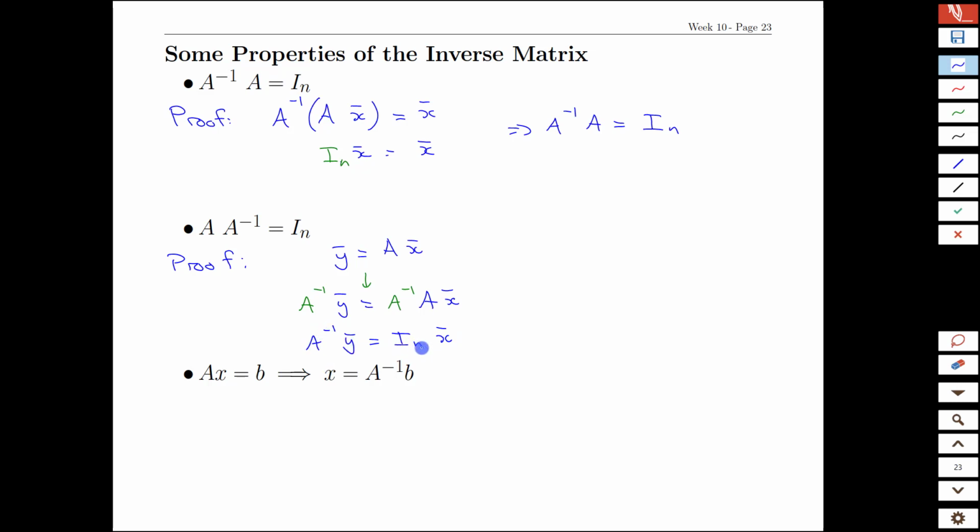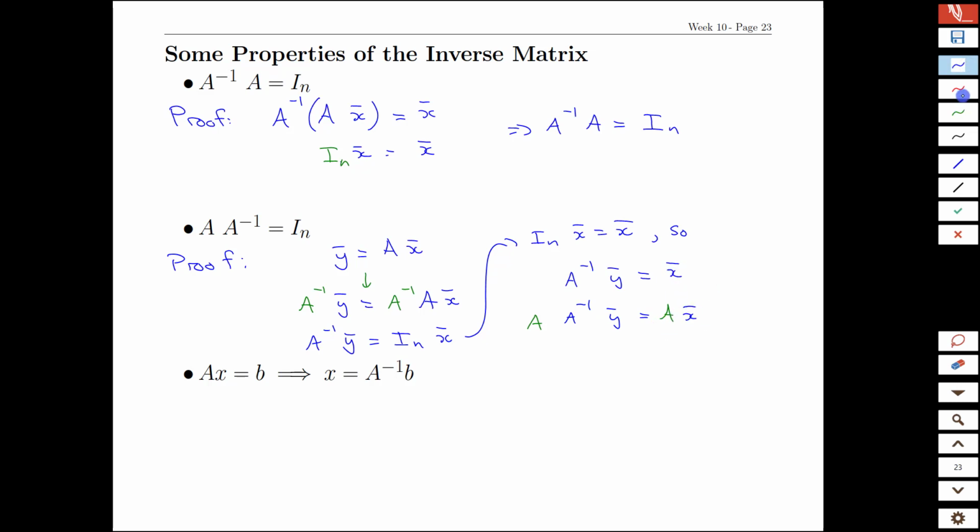Let's tidy up. I_n times x is just x again. So A inverse times y is the same thing as x. Then we pre-multiply again by A, so we have A times A inverse y equals A times x.